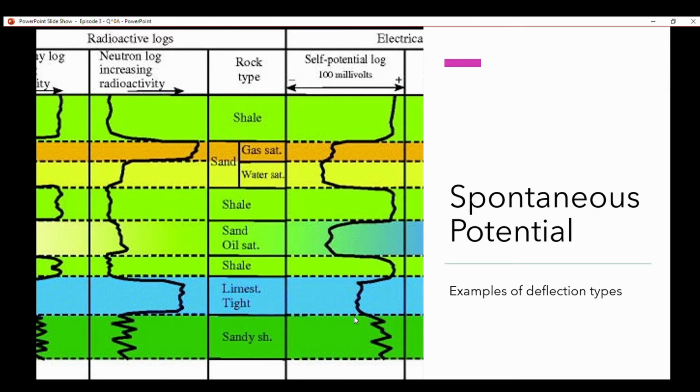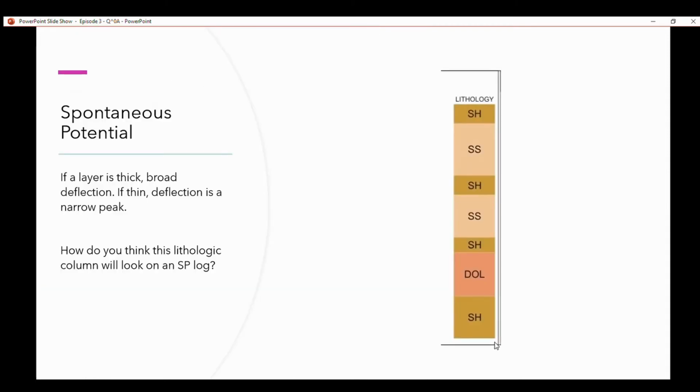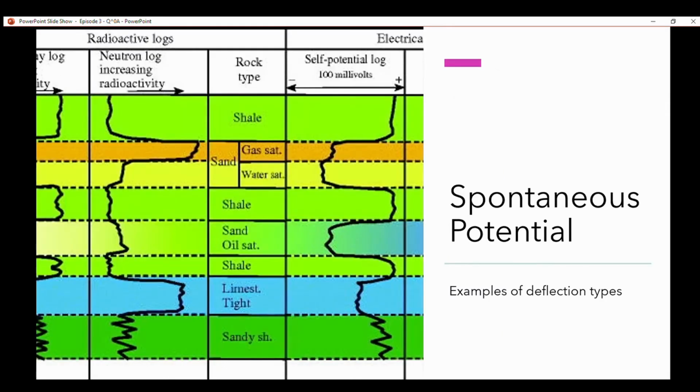And if you have a sandy shale, it gives you this edgy, jagged deflection. And if a layer is thick, a broad deflection will occur. So kind of like this. That would be a broad deflection.